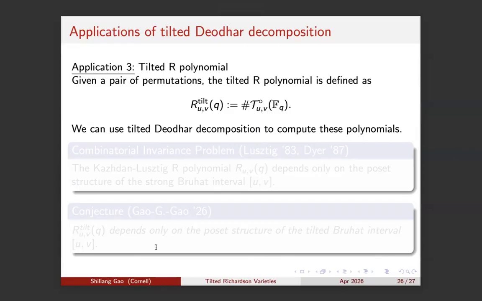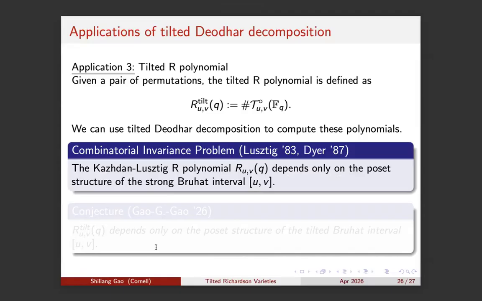Application 3, or really this is more of a conjecture. We can define this tilted generalization of R-polynomials as point counts of the open tilted Richardson cells.